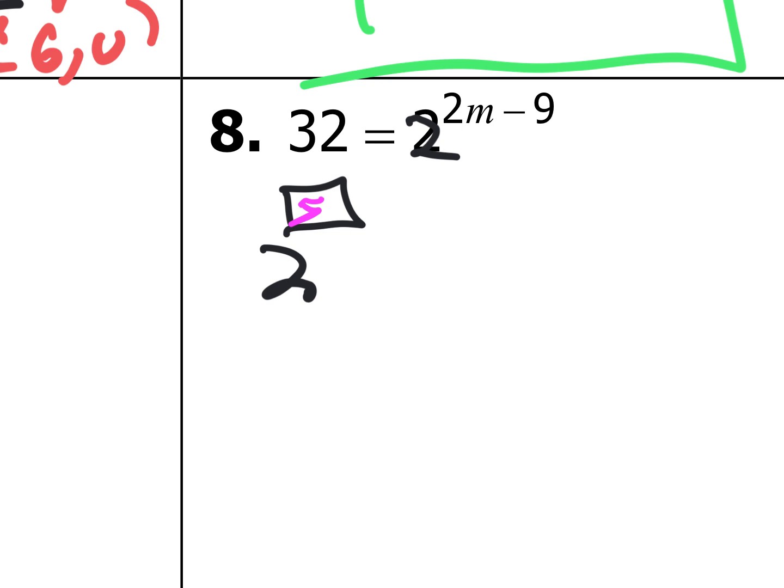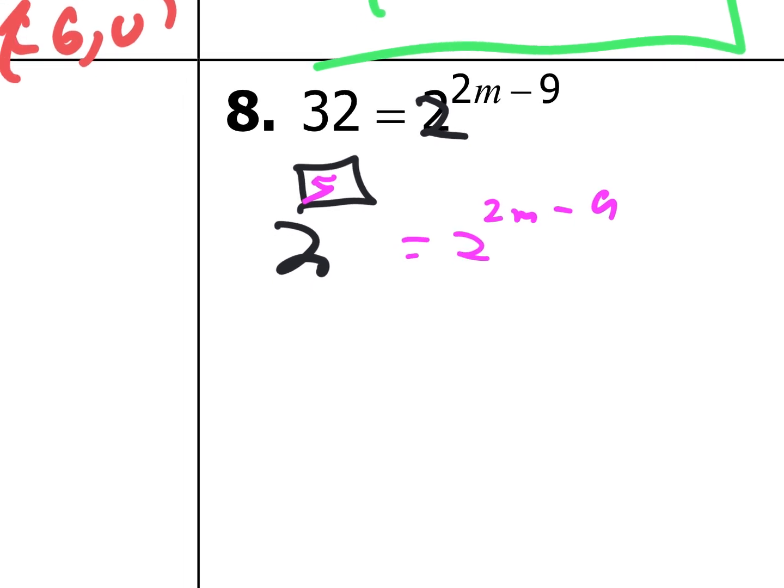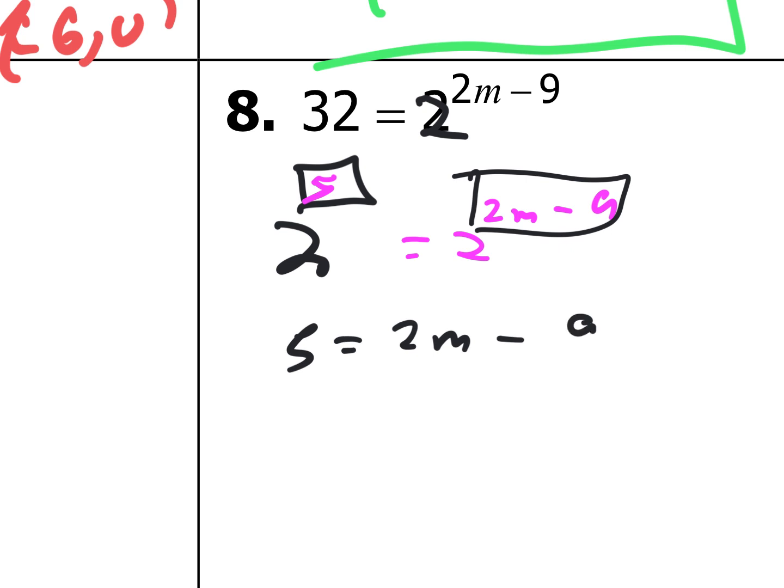It's a 5. Gives you 2 to the 2m minus 9. So with that being said, that exponent and that exponent must be equal. Therefore, 5 has to be equal to 2m minus 9.